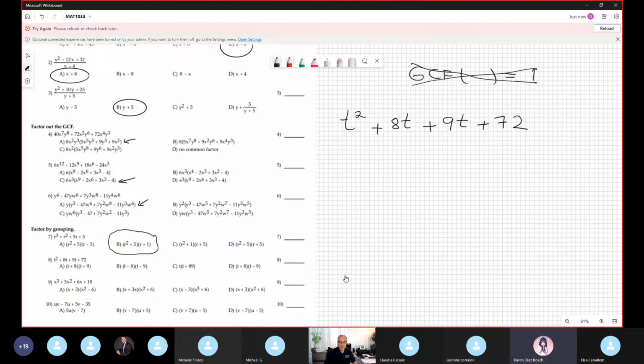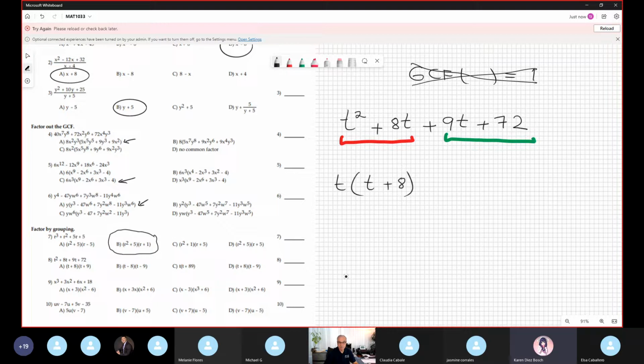Now, but grouping, yes, because I see we have a common factor here, and we have a common factor here. What is the GCF in the red part? T. T, open parenthesis, T plus 8.